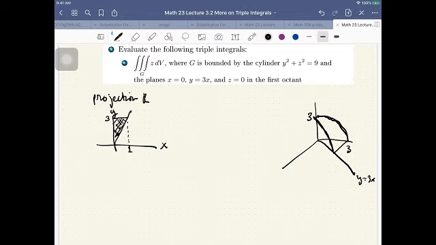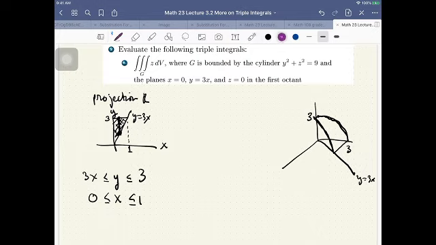So here, if you view this as a type 1 region, y is between where and where? The function below is y equals 3x. Y equals 3x is the bottom function. The top function is y equals 3. And then x here ranges from 0 to 1.